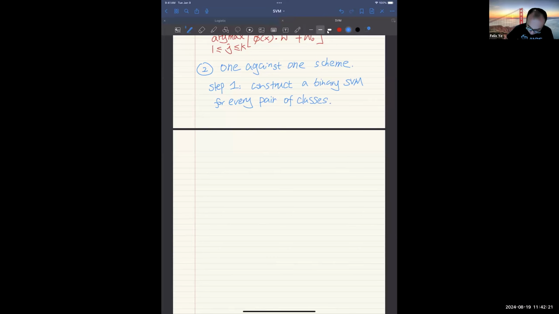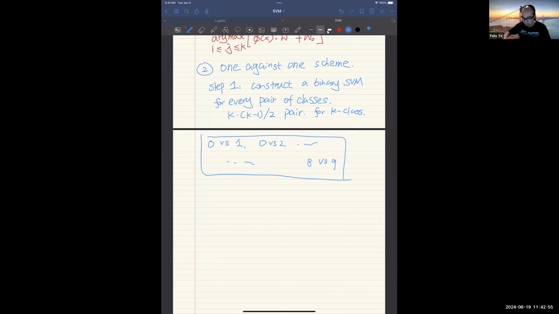So in total, you will have k times k minus 1 divided by 2 pairs for this k-class classification problem. In the MNIST data set, that will be 0 versus 1, 0 versus 2, and so on. The last one will be 8 versus 9. In total, you need to handle 10 times 9 divided by 2, which is 45 different SVMs.